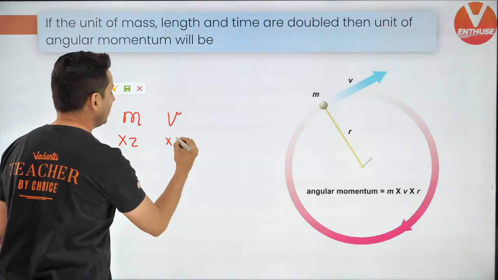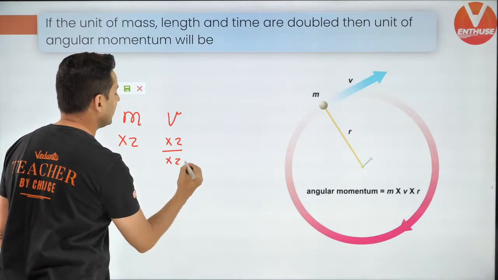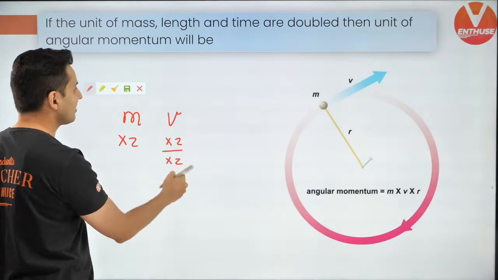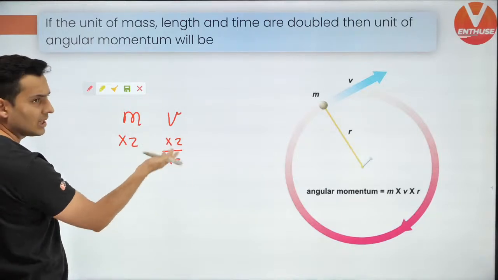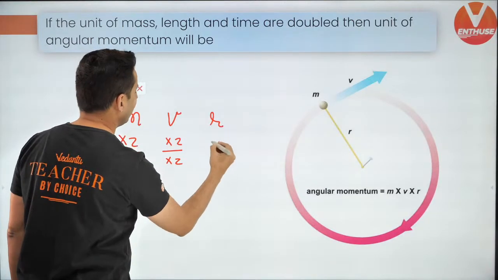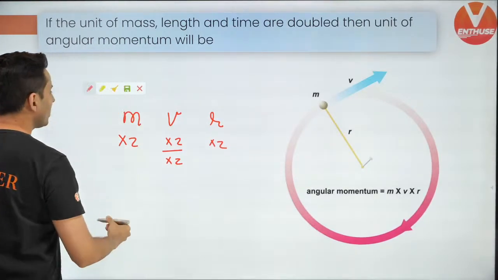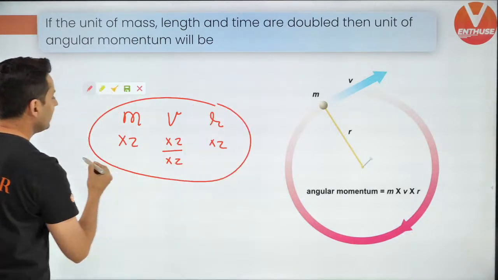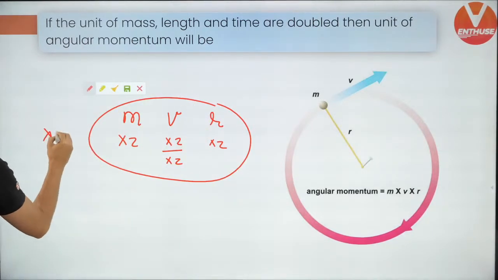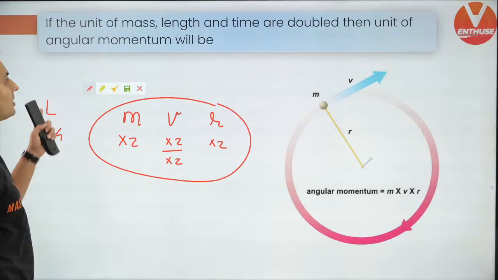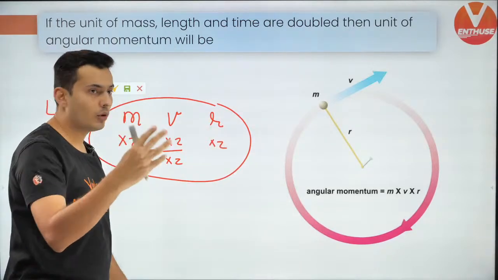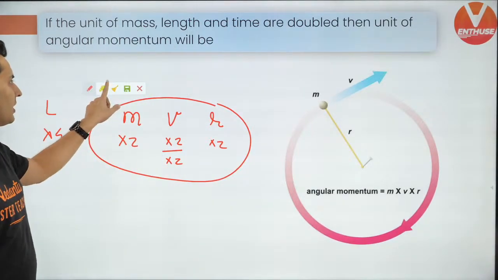So numerator and denominator both get multiplied by 2 because it is meters per second, and effectively it cancels out. In r it will get multiplied by 2. So effectively 2 into 2 is 4 times. Angular momentum's unit will increase 4 times. That's the answer for this particular question.